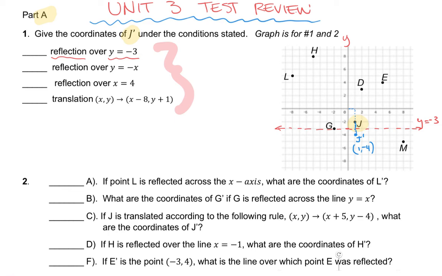So up next, we have a reflection over y equals -x. All right, this is that fun diagonal line. Y equals -x is like saying, hey, I've got a slope of -1 and a starting point at the origin. So this is that diagonal line with a -1 slope.